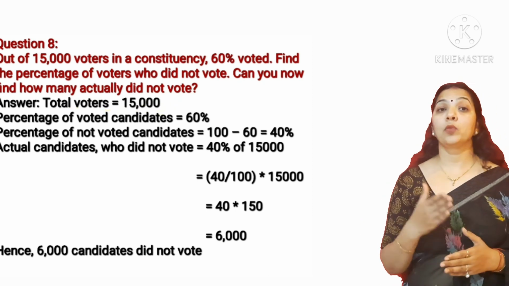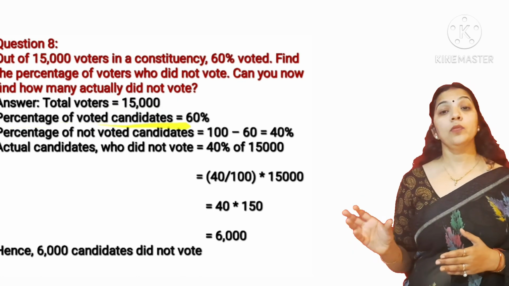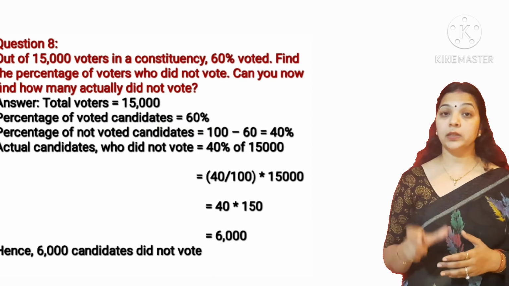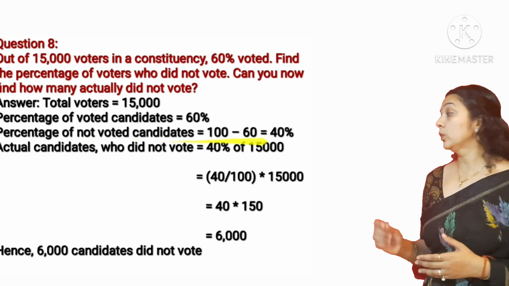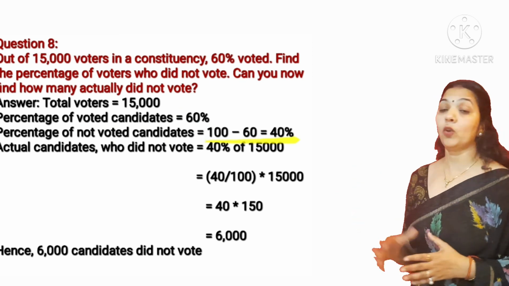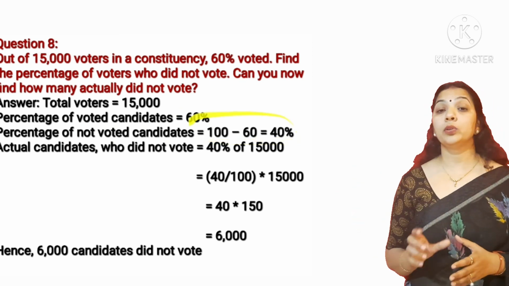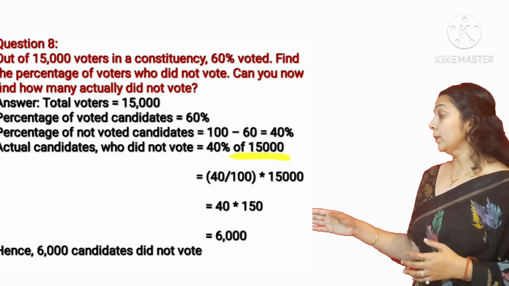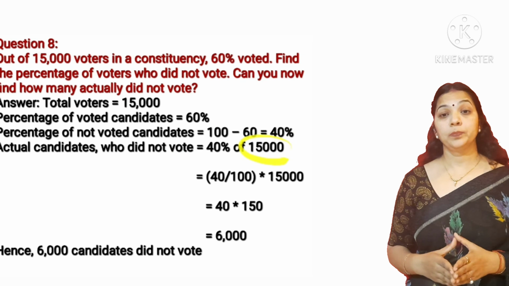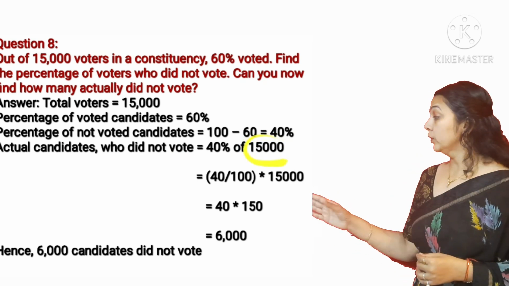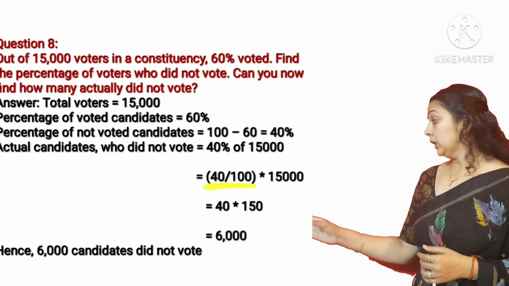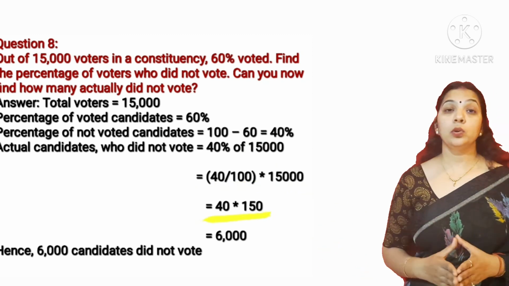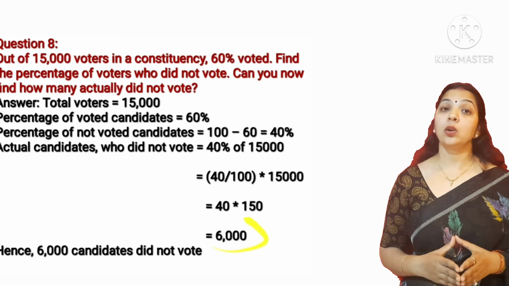So the percentage of not voted candidates is equal to 100 minus 60, that means 40%. Actual candidates who did not vote is equal to 40% of the total voters, that means 40% into 15,000. So it would be 40 upon 100 into 15,000. So 40 into 150, that is 6,000. So hence 6,000 candidates did not vote.